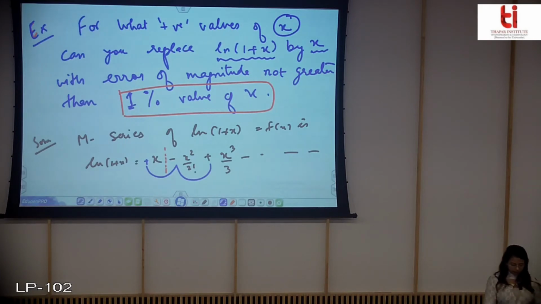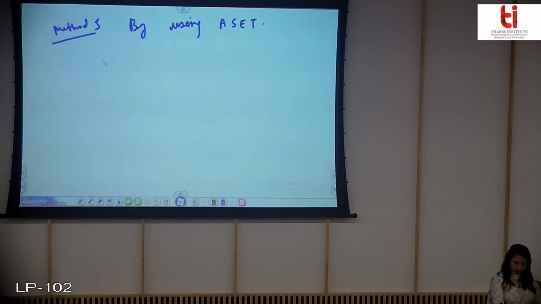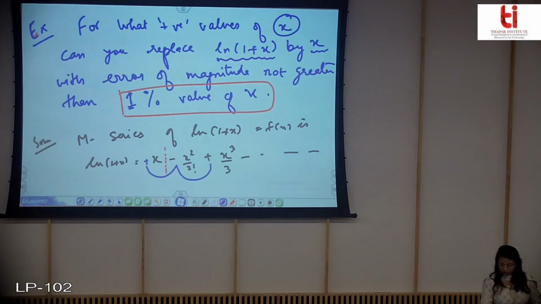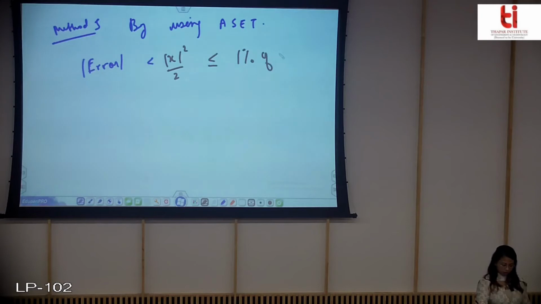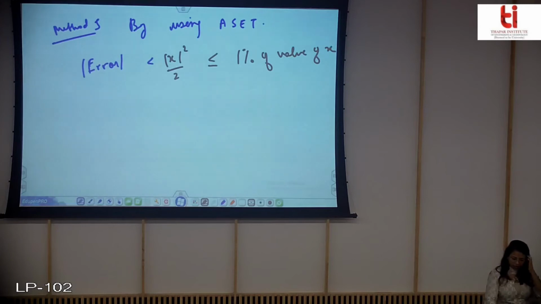So by using method 1, the alternating series estimation theorem, the error will be less than what? The first unused term. This is our first unused term. So I will write this, and it is given that it should be less than 1% of the value of x. The magnitude of the error should be less than 1% of the magnitude of x.